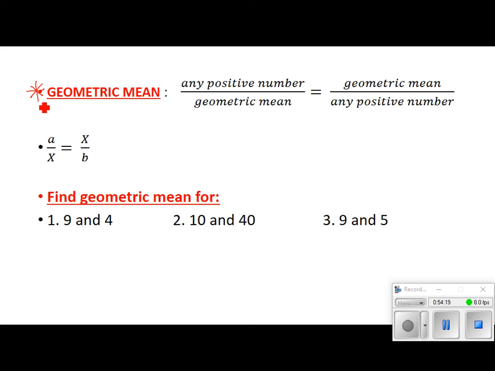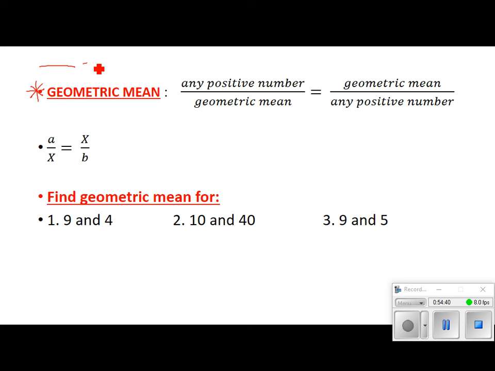If something's the geometric mean, what that tells you is it's the square root between two other numbers. And we'll talk about what that's telling you. This is the easiest way to do it. You've got a number on top, the geometric mean goes on bottom, geometric mean on top, some other number on bottom.